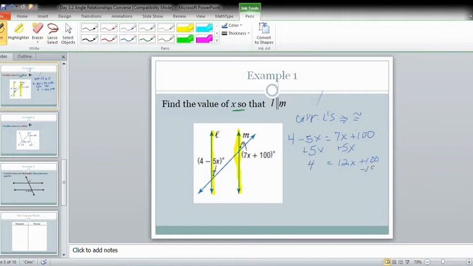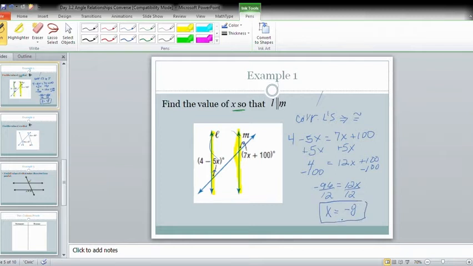I'm going to subtract 100 from both sides, giving me negative 96 equals 12x. I'm going to divide both sides by 12. Negative 96 divided by 12 is negative 8, because I have a negative and a positive. So x equals negative 8.